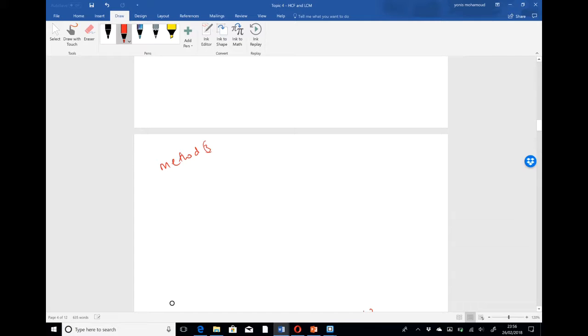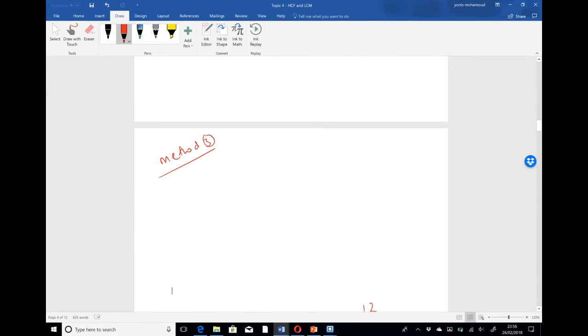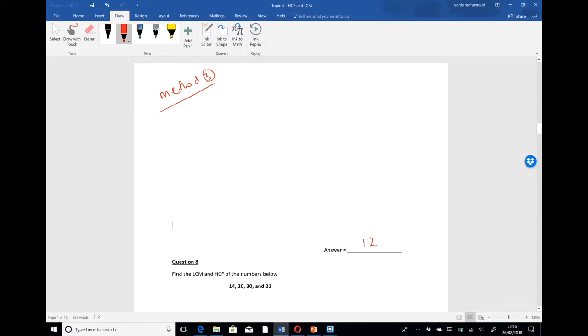Method number 3 will require us to draw a factor tree of both 12 and 24. So I'm going to write down 12 on this side and 24 on this side.